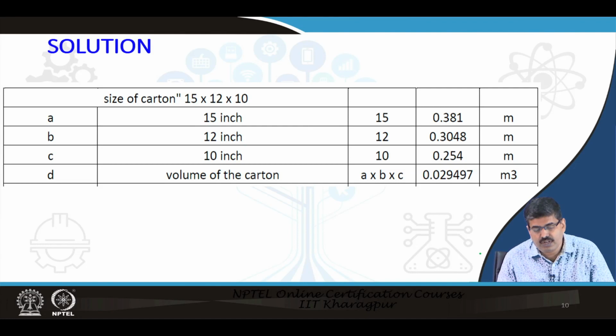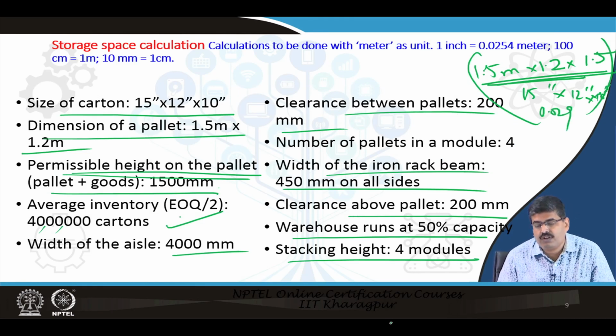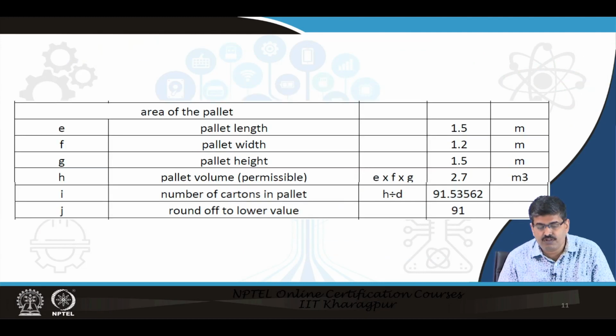So, solution we have just mentioned, 15 inch, 12 inch, 10 inch, you multiply it and convert it into meters. So, your volume of the carton is this. So, how many cartons? 0.029. So, divide, that will get you.